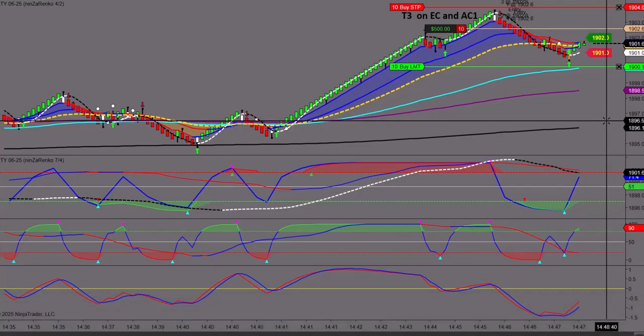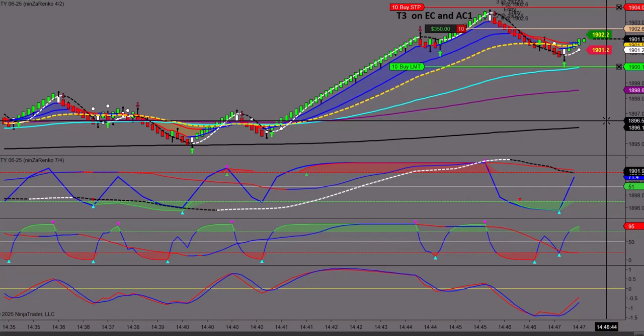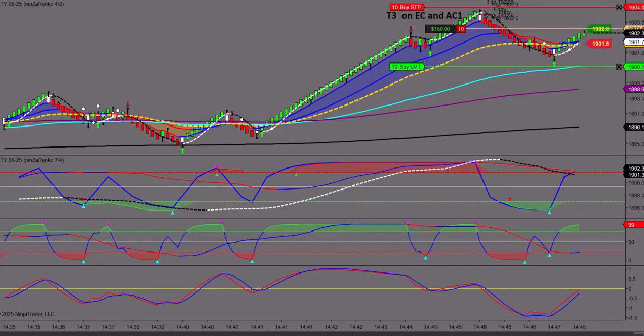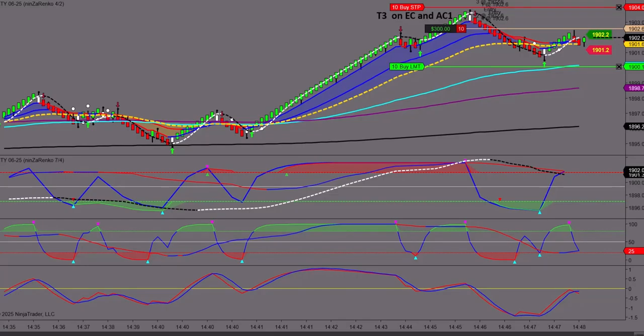Okay, we're bouncing just here, and for members watching, as you're probably aware, this is where we usually get a T10 setup. A T10 trade is a confirmation of a reversal, and you can get a T10 setup on the entry chart or your anchor chart.